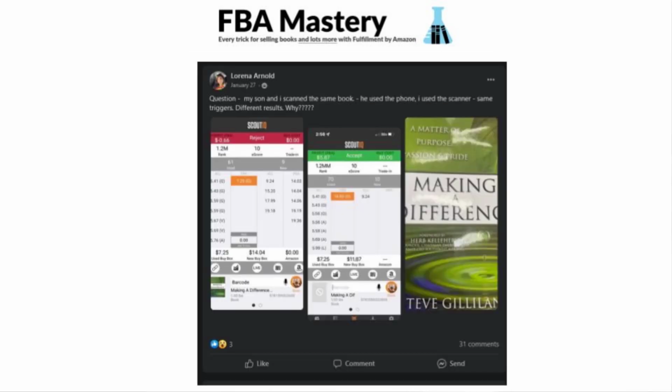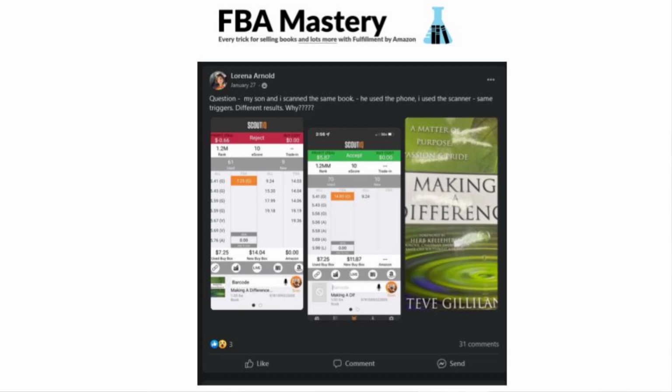Here's another one. This person says, question, my son and I scanned the same book. He used the phone. I used the scanner with the same triggers and we got different results. Why? Again, you could look at these screens and a reptile could do this math. But you realize people absolutely have zero comprehension of what's going on the screen, what these numbers mean at all.